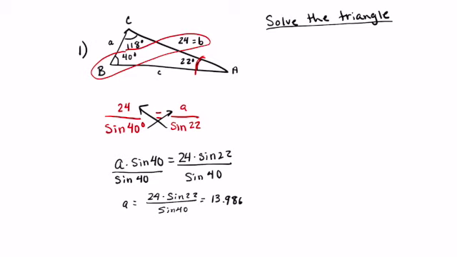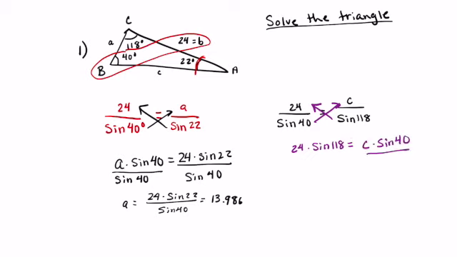Now I want to find the measurement of side c. I'm going to use the same ratio, with b over the sine of 40 equals c over the sine of angle C, which is 118. Cross multiply again. That gives me 24 times the sine of 118 equals c times the sine of 40.